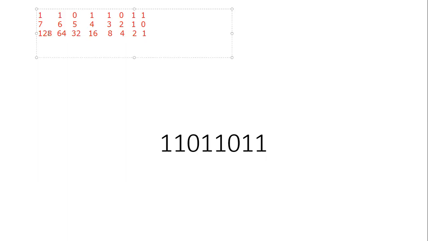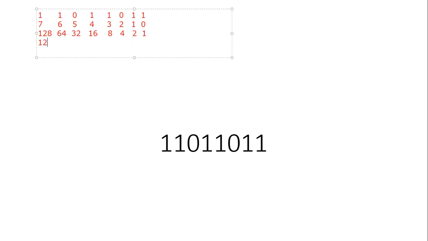Okay, so I've done the positional values, I've found the numbers, and I have my main number with me, that is 1101101. So now I'm only going to take the values where there is 1. I'm not going to consider the places where there is 0 in the binary number. You can go in any order over here, it will not matter. So I'm going to start with 2 raised to 7.